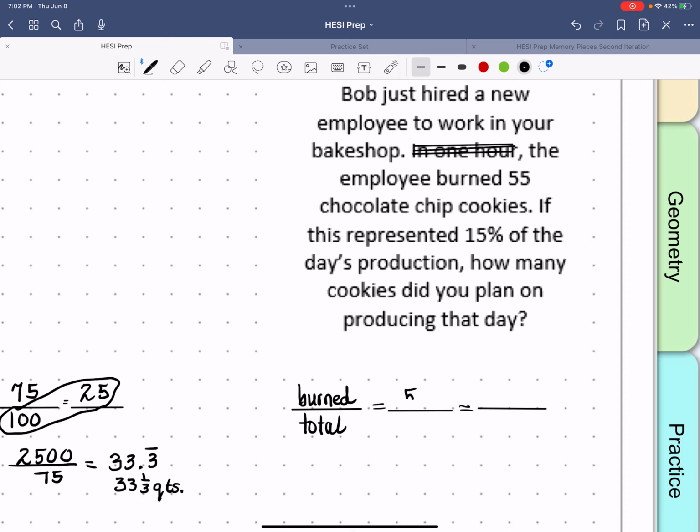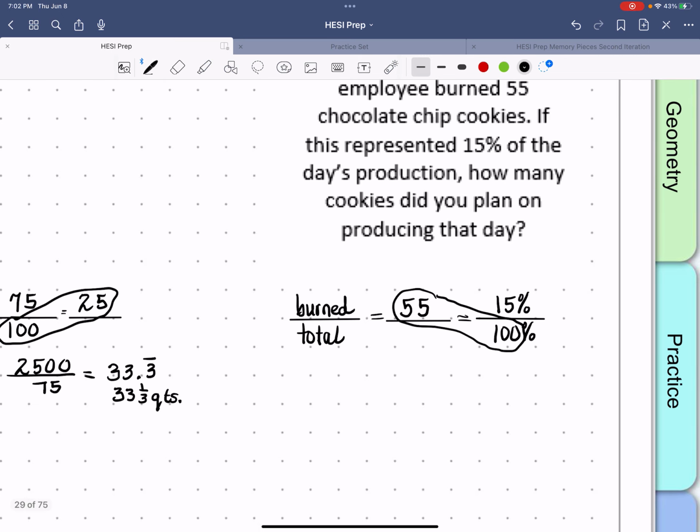Well, we know that he burned 55 cookies. We know that that was 15% of what we wanted to make that day. So 100% would be the total, and our proportion will work this way. 55 times 100, that's 5,500, divided by 15.